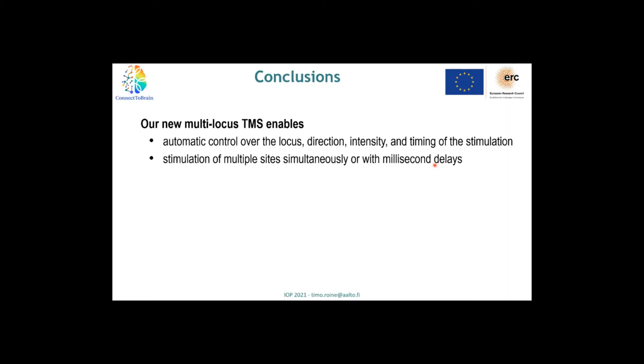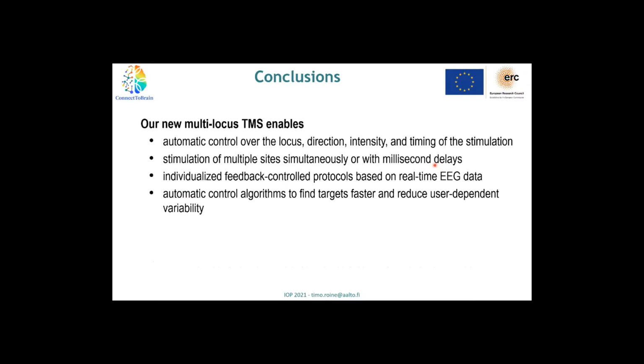It also enables stimulation of multiple sites simultaneously or with millisecond scale delays. The system also enables individualized feedback control protocols based on real EEG. And we can also use automatic control algorithms to find targets faster and reduce user-dependent variability.